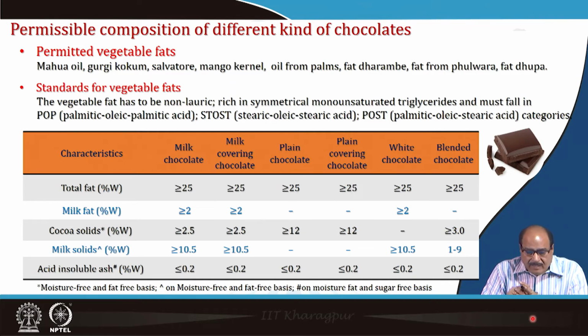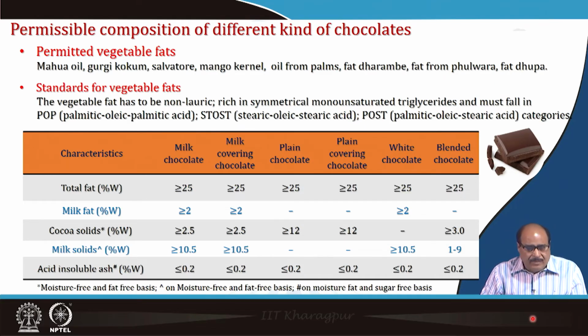Okay. Or your acid insoluble ash should be less than or equal to 0.2% in all these cases of chocolate. Okay. And there are little variations. Milk solids percentage in the case of milk chocolate and milk covering chocolate should be more than or equal to 10.5%. In white chocolate, more than or equal to 10.5%, and in blended chocolate it should be in the range of 1 to 9%.